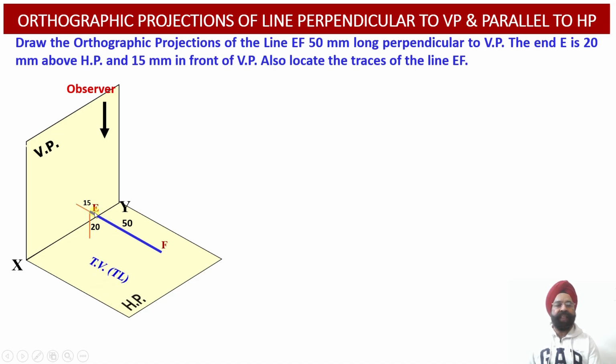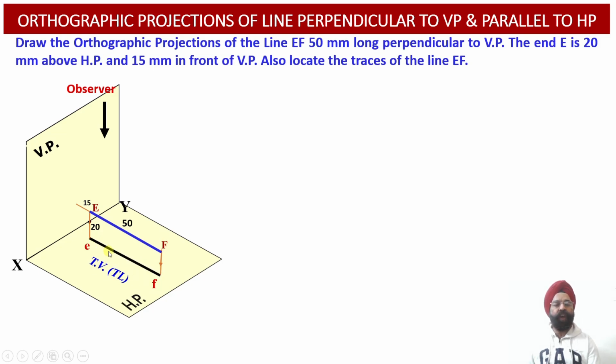Now since this line happens to be parallel to the horizontal plane, the projection which we are going to obtain to begin with will be the top view projection. In order to obtain the top view projection, the observer is going to look at this particular line from above. So the projection obtained on the horizontal plane will be EF over here.